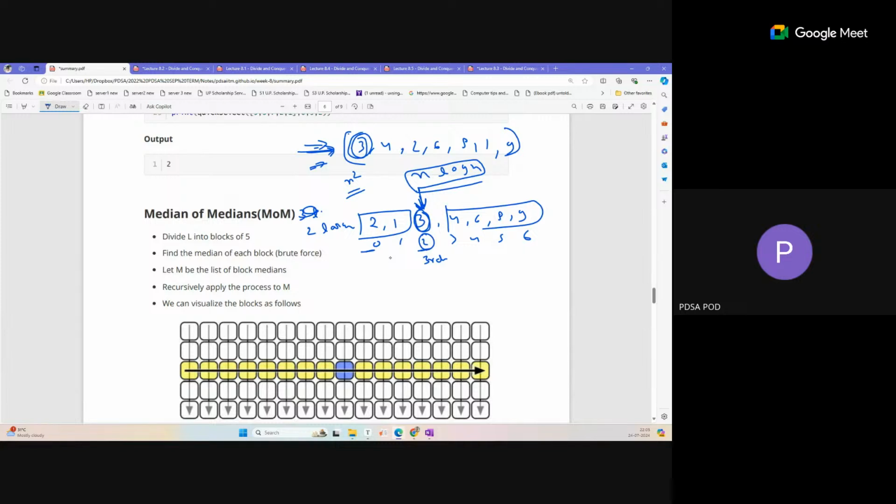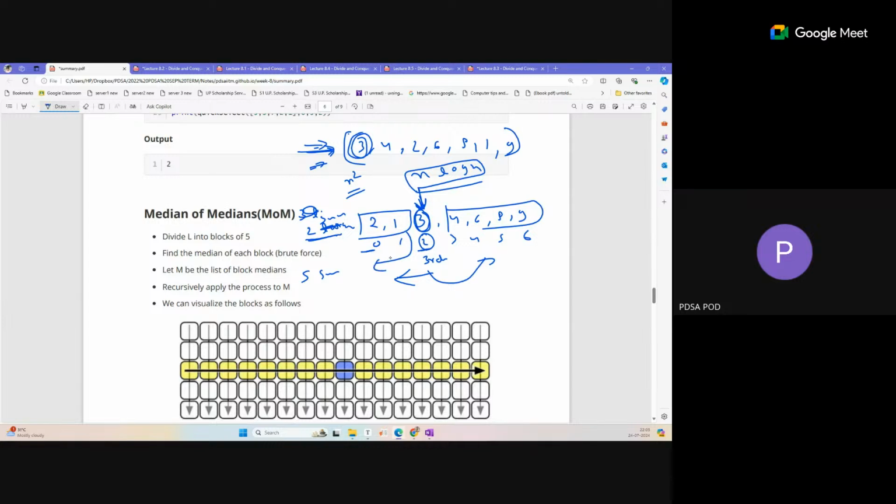If we are looking for the second smallest, it will definitely come onto this left side, before this position. If we are looking for the fifth smallest, it will come onto this side, not this side.